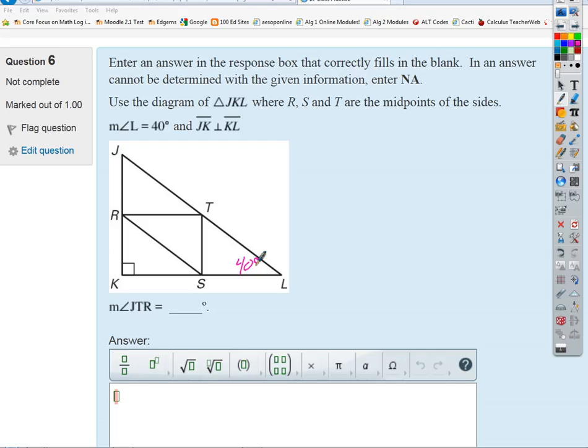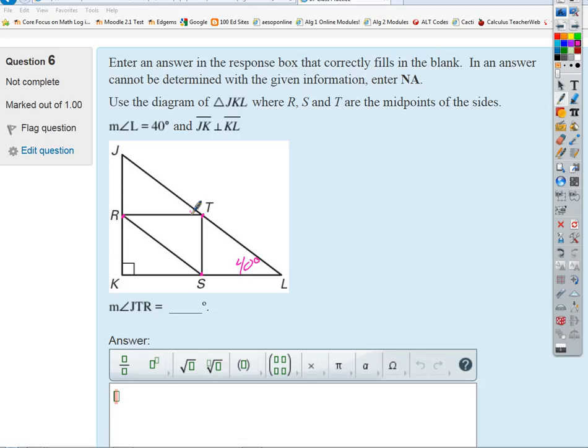And they're also telling us that R, T, and S are the midpoints of the sides of the big triangle. So they want to know what's the measure of angle JTR. So this is the one we're looking for right here, right? JTR. So how could I do that?